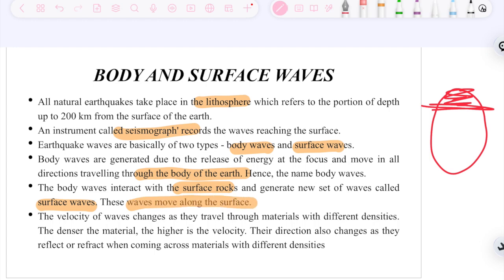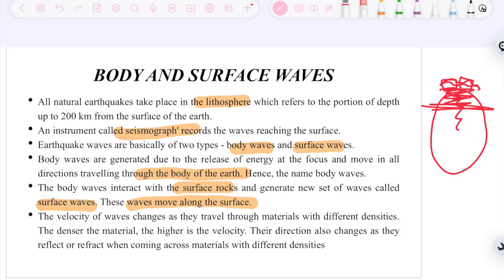These waves move along the surface. So for example, this body wave is coming, now there is this rock, there's this rock. Connecting these rocks, a new kind of wave is generated which moves on the surface of the Earth. It is called a surface wave. And these surface waves move along the surface through the rocks.